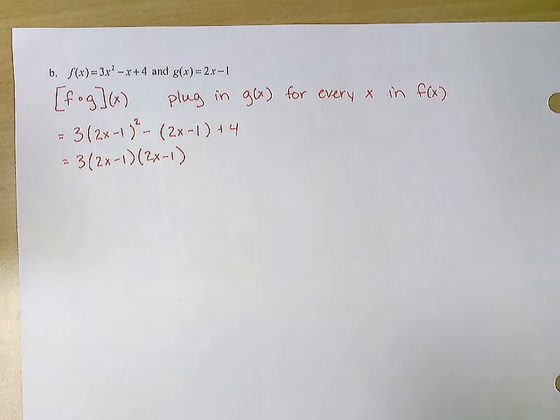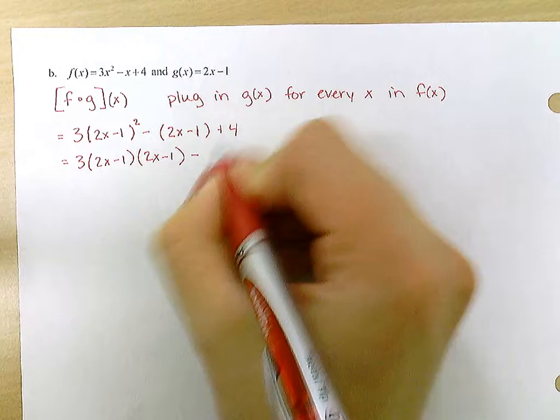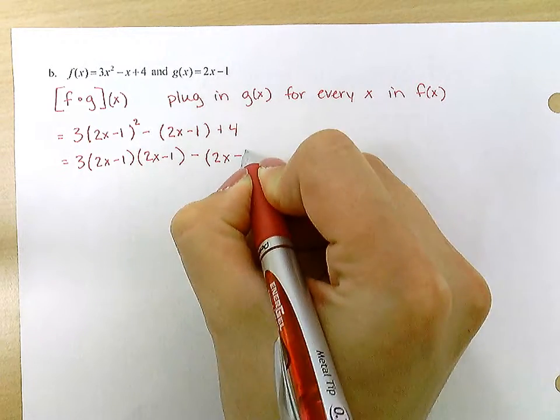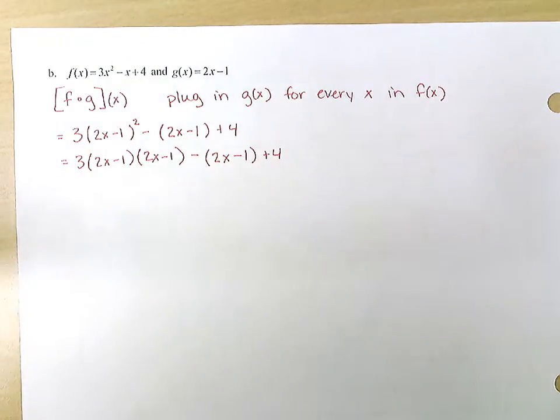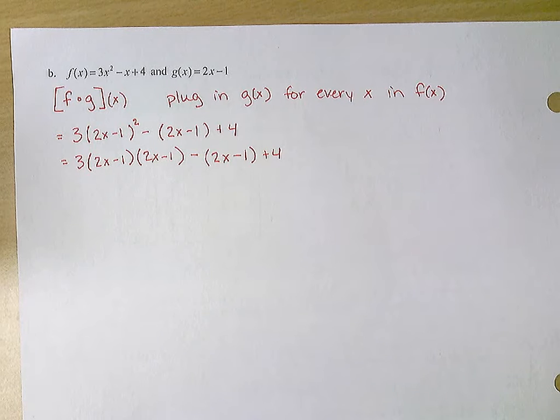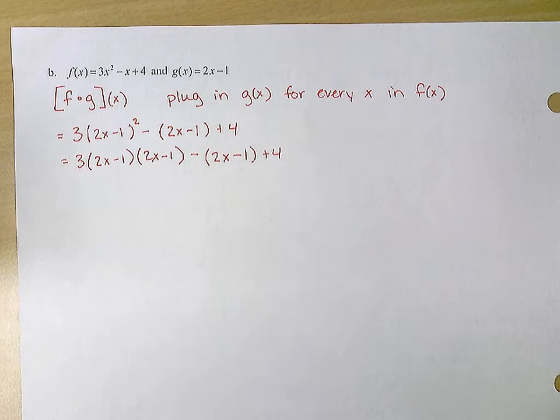You're multiplying it by itself. So separate that so that you can FOIL it out. Then we're still subtracting 2x minus 1 and adding 4. Can't distribute the square.